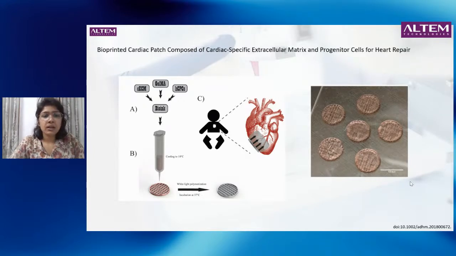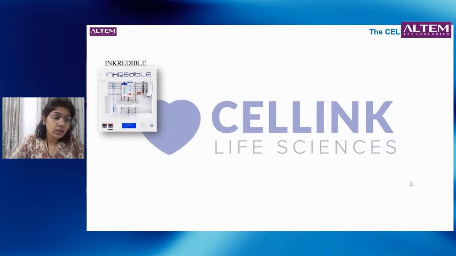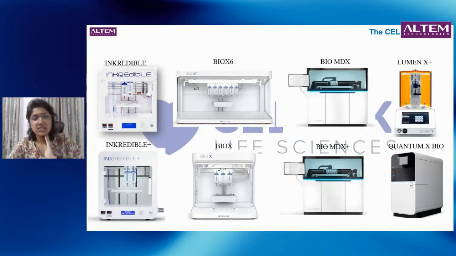And from here, I'll just go down to basics: our general solutions, how does the machine work, what are our other solutions. So we have the Incredible system, and then you have various other solutions. Incredible being the dual print head system, you have Incredible Plus, we have BioX 6, which is a more complex machine, more aseptic machine.